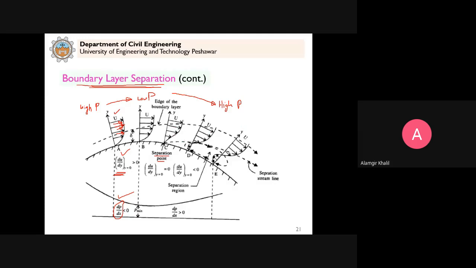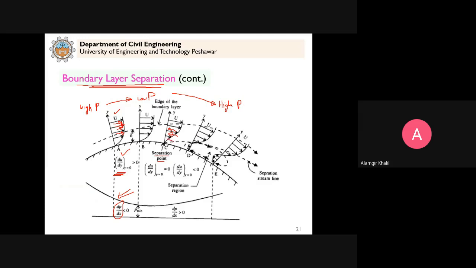That's why, after passing the fluid through this point, the pressure is high. Let me draw it here. The pressure is essentially in this direction, which means we are acting against the pressure, because the fluid is moving from low to high pressure.